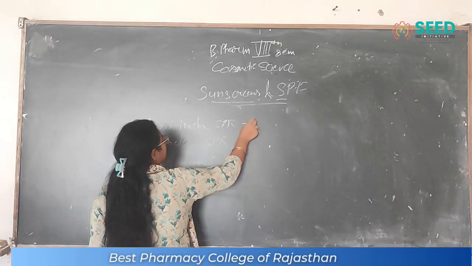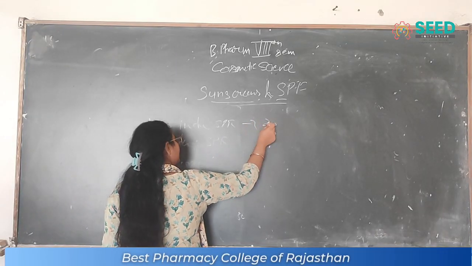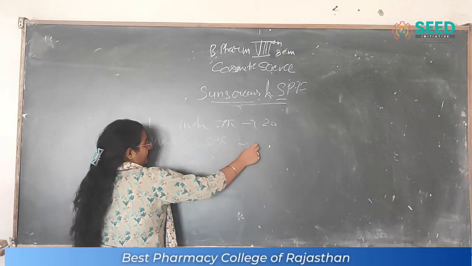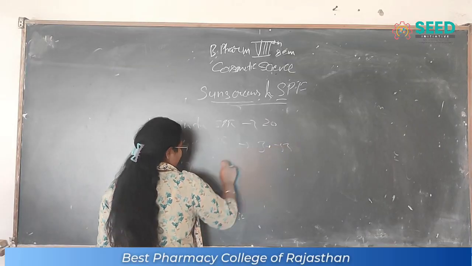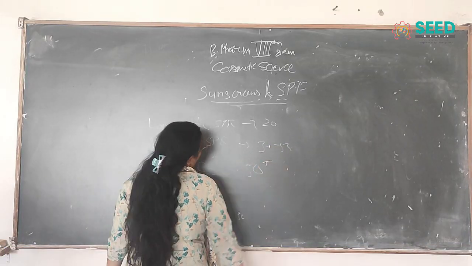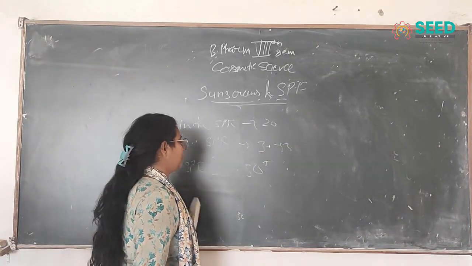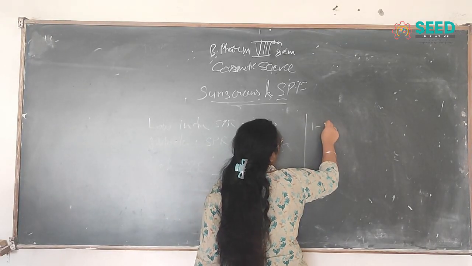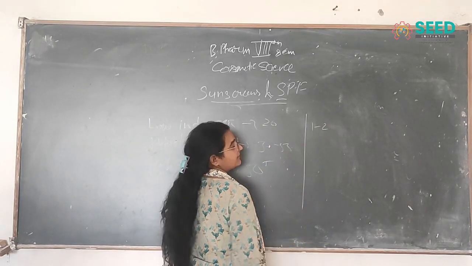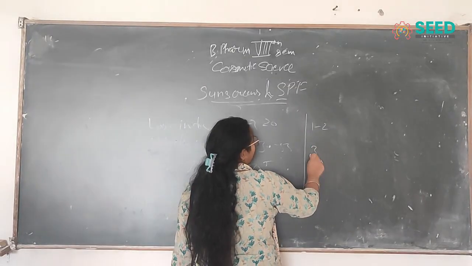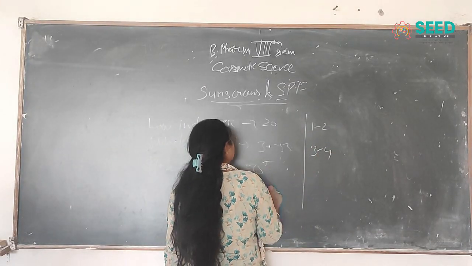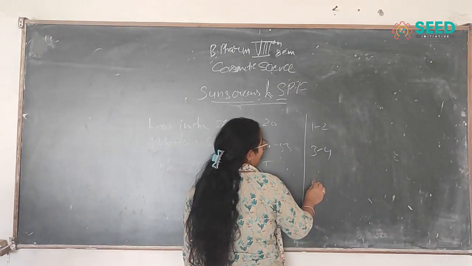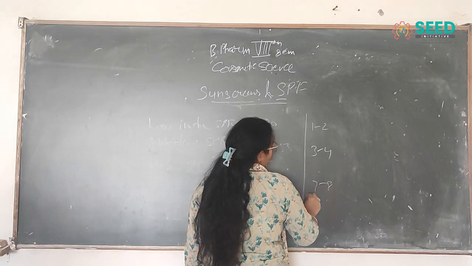Generally low intensity SPF is 20, moderate SPF is 30 to 50, and high SPF is more than 50. So reapplication time depends on this. Low SPF has to be reapplied within 1 to 2 hours. Moderate has to be reapplied in 3 to 4 hours, and 50 plus SPF has to be reapplied in 7 to 8 hours.